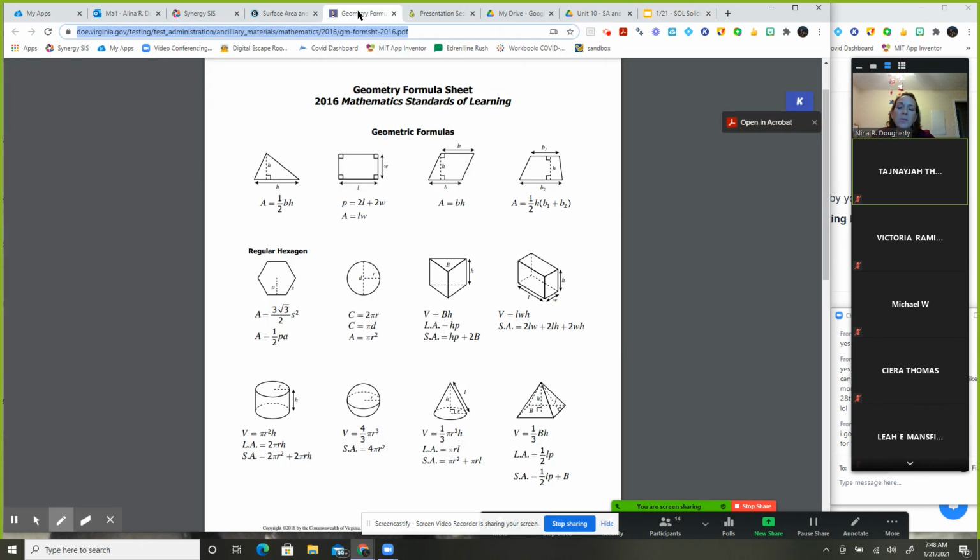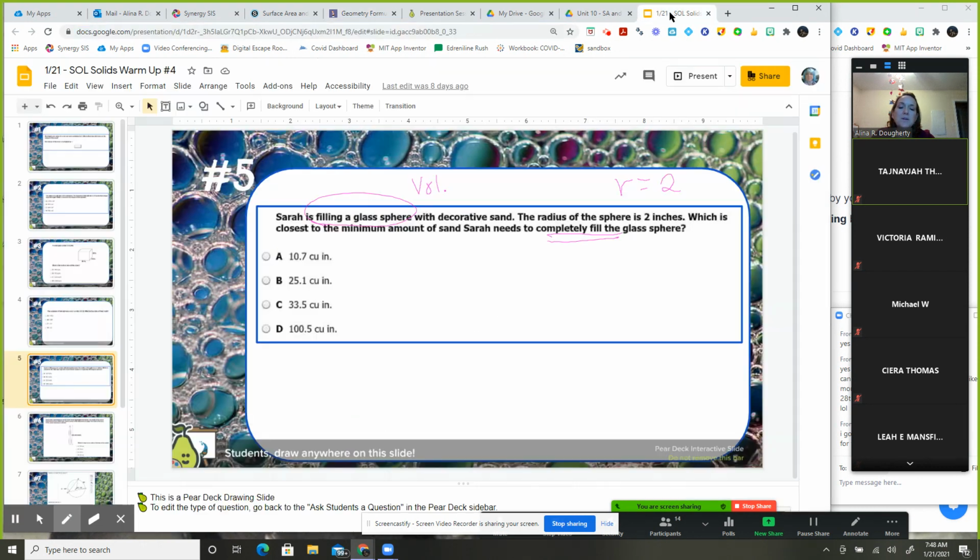So I'm going to open my formula sheet. I'm going to go to sphere, 4/3 pi r cubed. 4/3 pi, they told me what the radius was, cubed. So you just put that in the calculator. Everybody grab a calculator and put that in, see what you get.